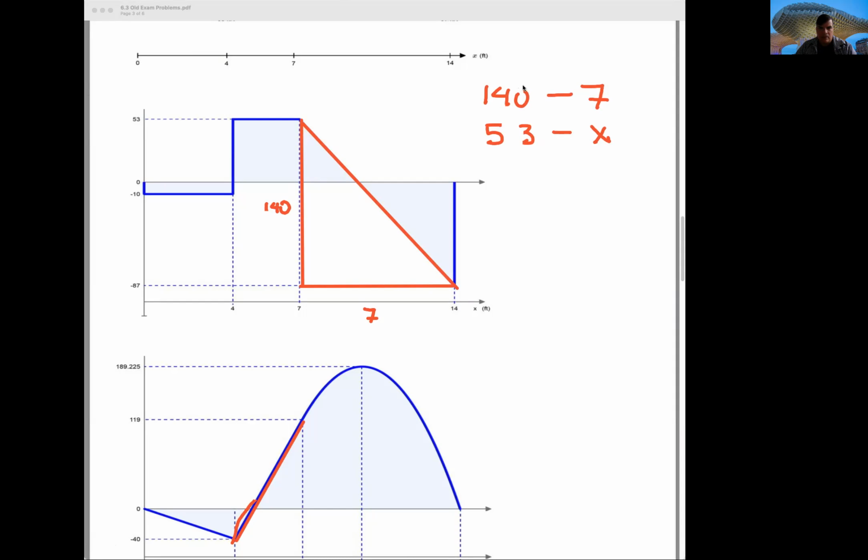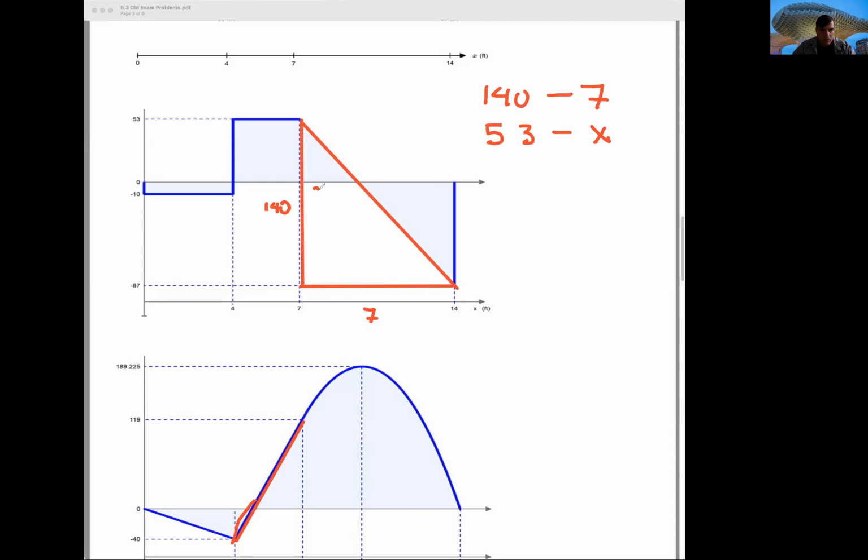It will be 53 divided by 3 and divided by 2, that is 2.65. But if not, you can use the calculator and you just say 53 multiplied by 7 divided by 140, and it's 2.65.